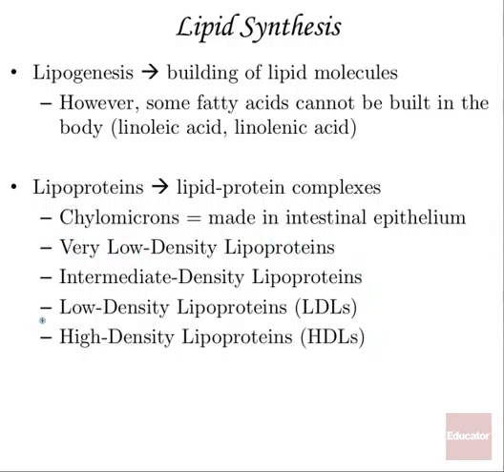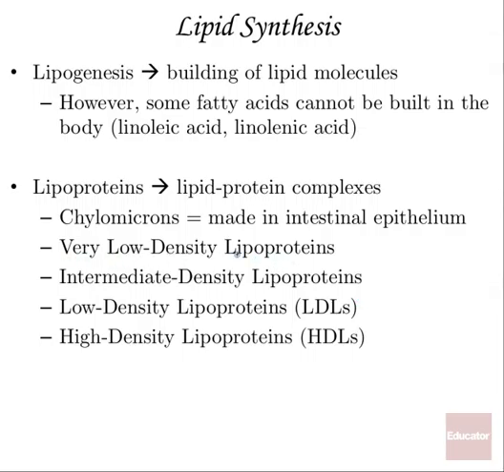Next up, we have these 4. These 4 all are made in the liver, unlike the chylomicrons. So very low density lipoproteins. If you look at the sequence of these down to LDLs and then finally HDLs, they are going to have a slightly higher percentage of protein involved.